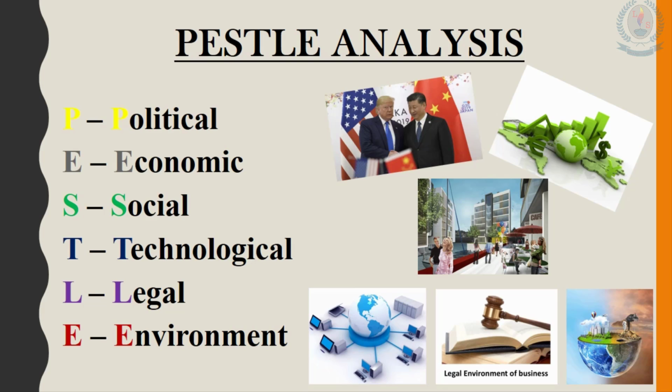Okay, let's pay attention to the social environment. Under social environment, we consider both social and cultural background as well. The social and cultural environment consists of norms, beliefs, and some ethical things.